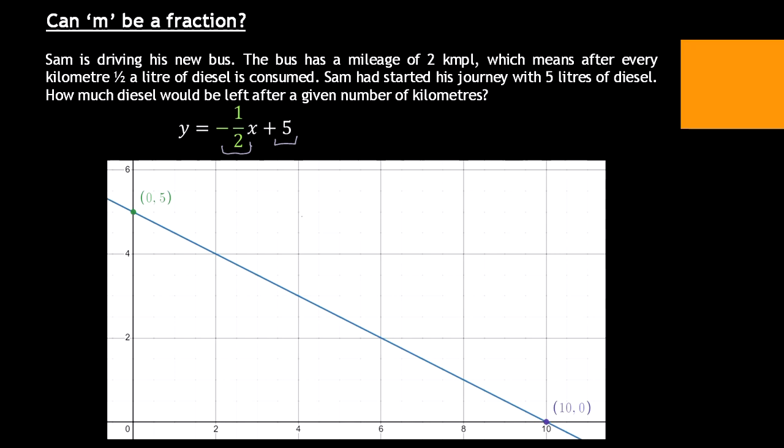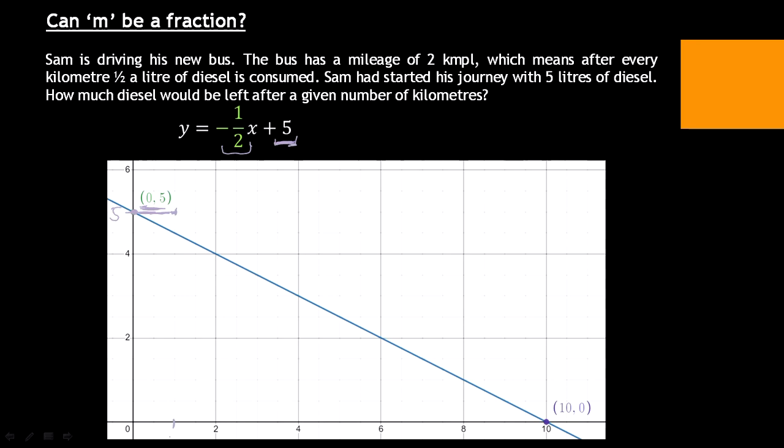Here I have a graph and I have plotted this equation on the graph. I can see that this is my y-intercept, which is y equals 5. This point is 5. So yeah, that is pretty accurate. Now after a kilometer has passed, let's say we go from 0 to 1. This is 1, right? You can trace it down on the x-axis.